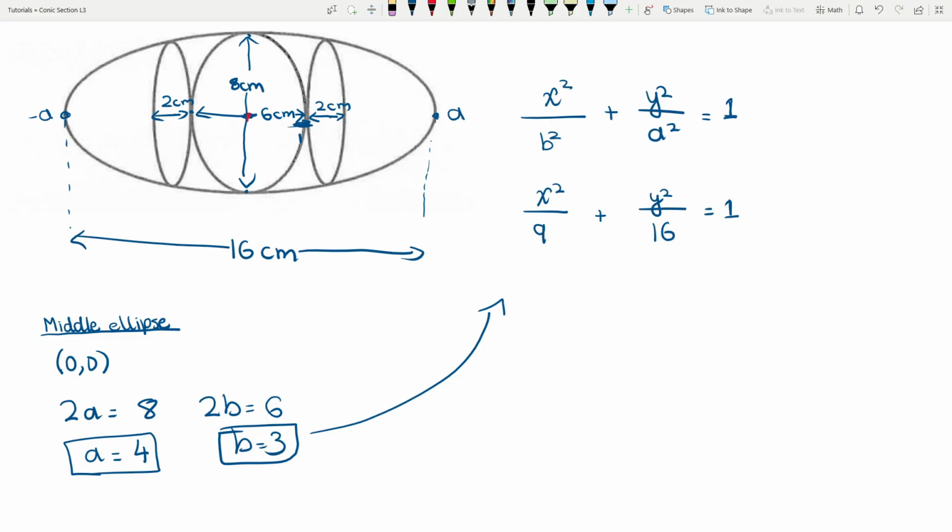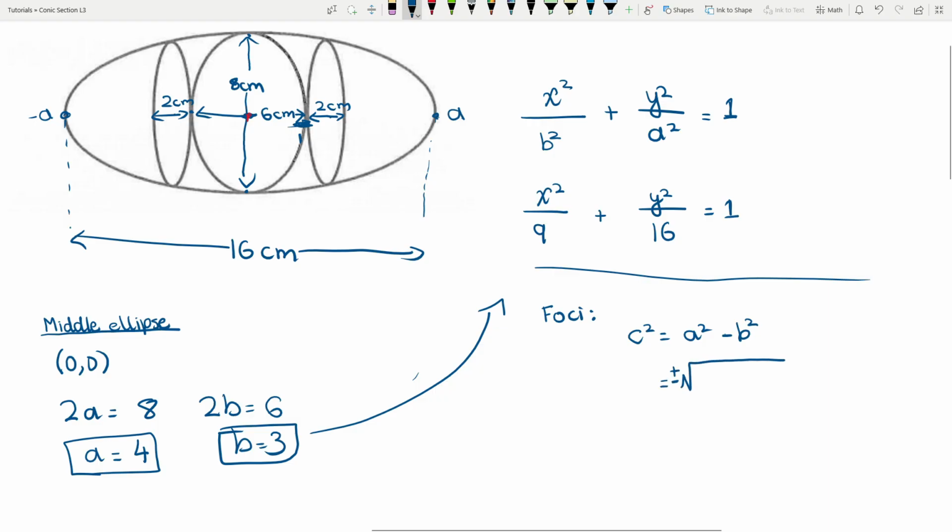Now let's add the foci. So the foci: c squared equals a squared minus b squared. Therefore, c squared is equal to a squared, which is 16, and b squared is 9. Therefore, c is plus minus square root of 7.